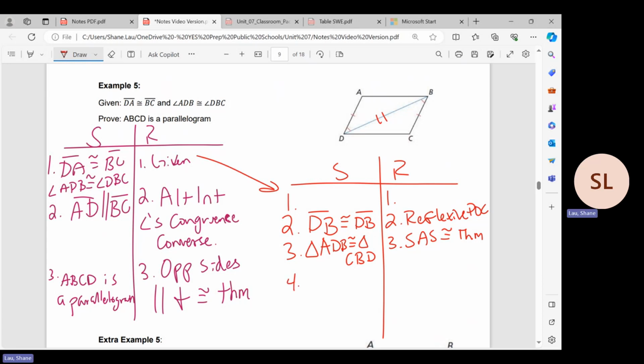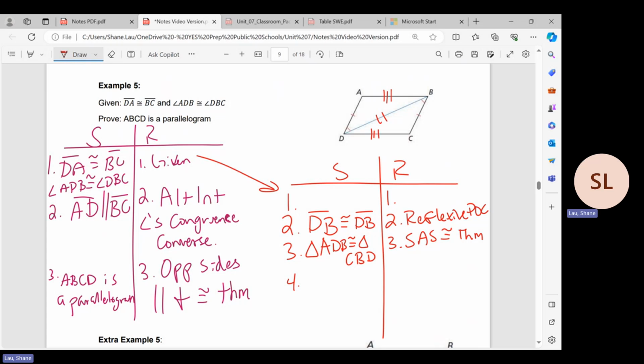And because we know that these two triangles are now congruent, we can also say that the other things that we're missing are congruent. So in this case, we already know AD and BC are congruent, but that also means that AB and DC are also congruent.